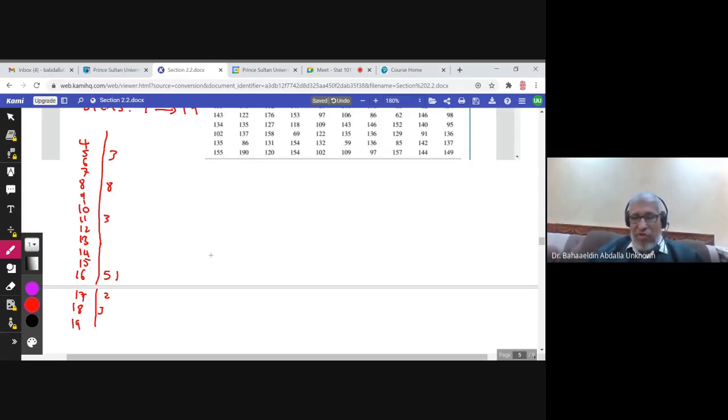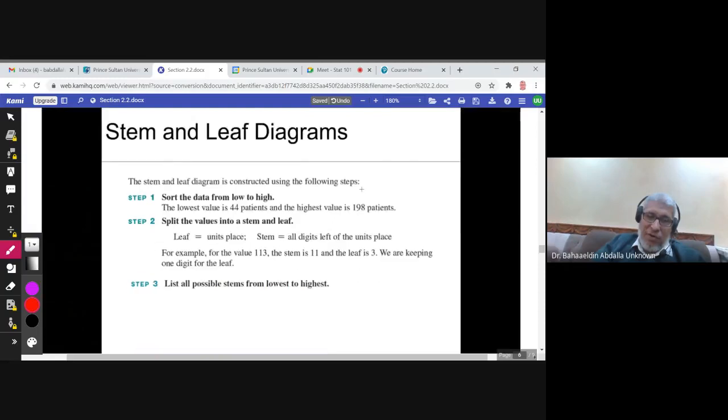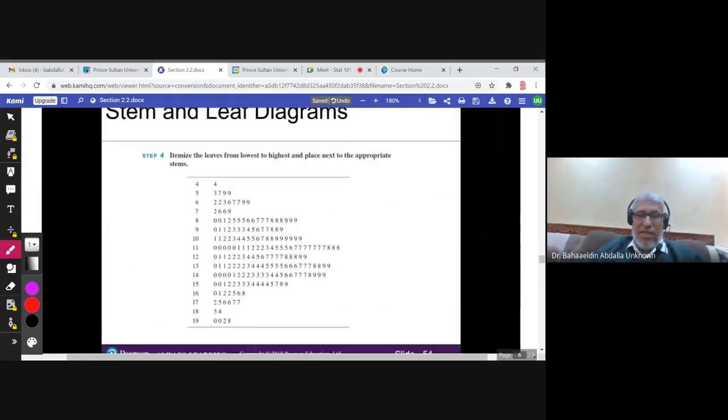You put all the 200 numbers without sorting them. After you finish, you can sort the leaves. Okay, so you start by 1 instead of 5. You sort the leaves. This would be easier for you, and you will get this stem and leaf at the end. So you have all the stems here from 4 to 19, and all the leaves are sorted.